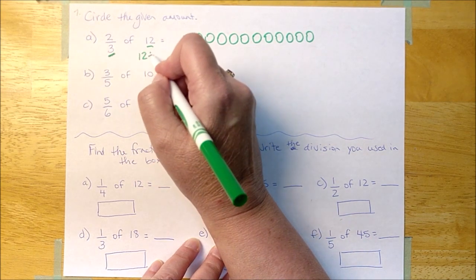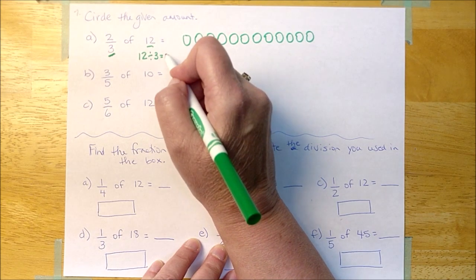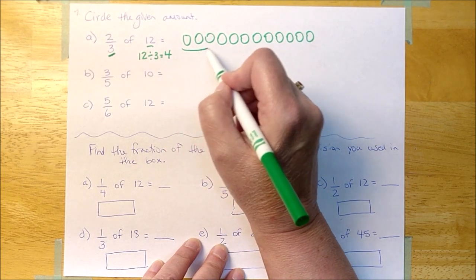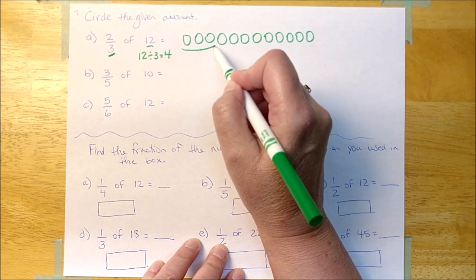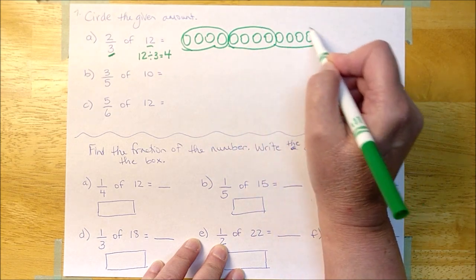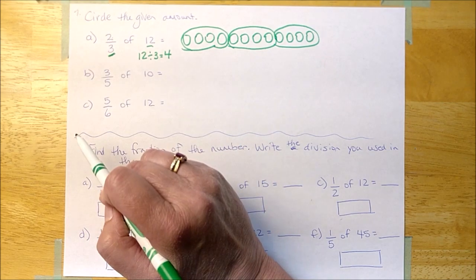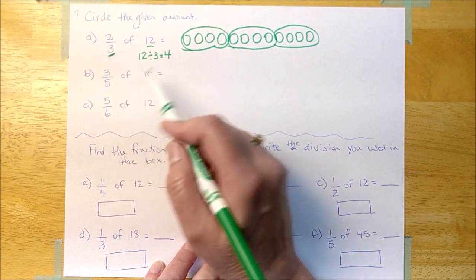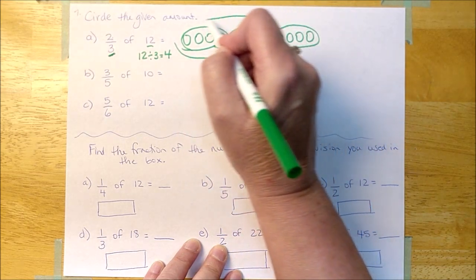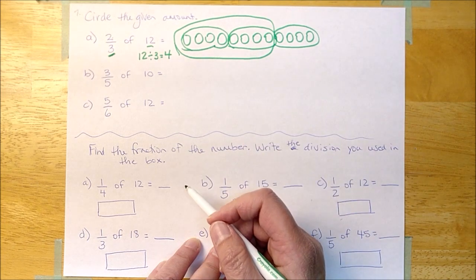So I'm going to go 12 divided by 3 equals, I hope you're all saying out loud right now, 4. So I need to draw 3 groups, and there's going to be 4 in each group. All right. So if I'm going to get 2/3, 2 of those 3 groups, and they want me to circle how much I'm getting, I'm going to go like this. That's what I'm getting. I'm getting all of those.